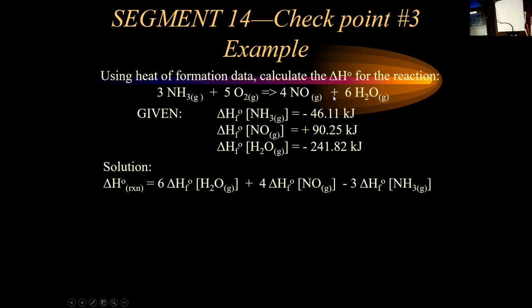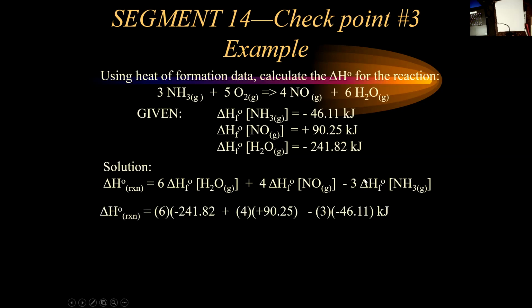I've got 6 waters as gaseous, so 6 times the delta H of formation of gaseous water, plus 4 times the delta H of formation of NO, not NO2 this time, minus 3 times the delta H of formation of ammonia. You don't need the 5 oxygens because oxygen is diatomic and gaseous at room temperature, and so its standard value is 0. That's my reference value.